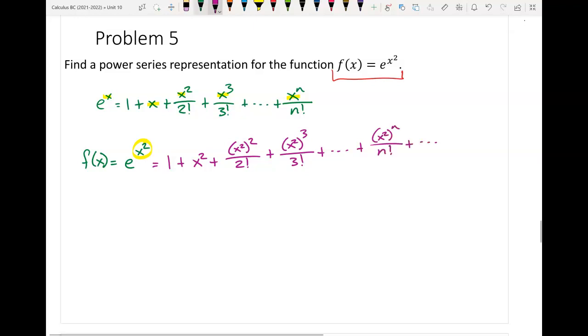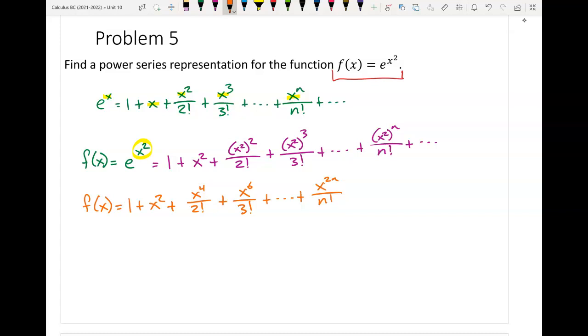There we go. So then f of x would be 1 plus x squared plus x to the 4th over 2 factorial plus x to the 6th over 3 factorial plus dot dot dot plus x to the 2n over n factorial. And there we go.